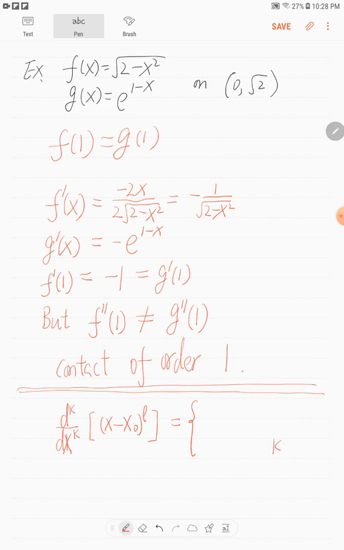If k is not equal to L, then it's equal to 0. If k is equal to L, it's equal to k factorial. You can try some numbers to see why this is true.